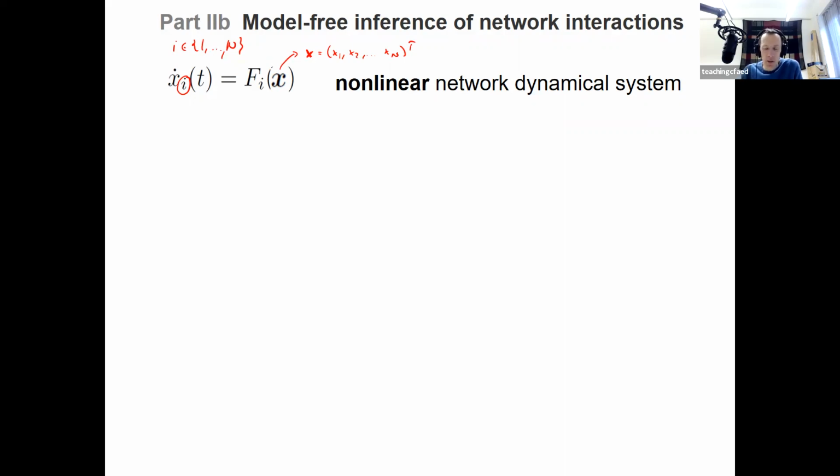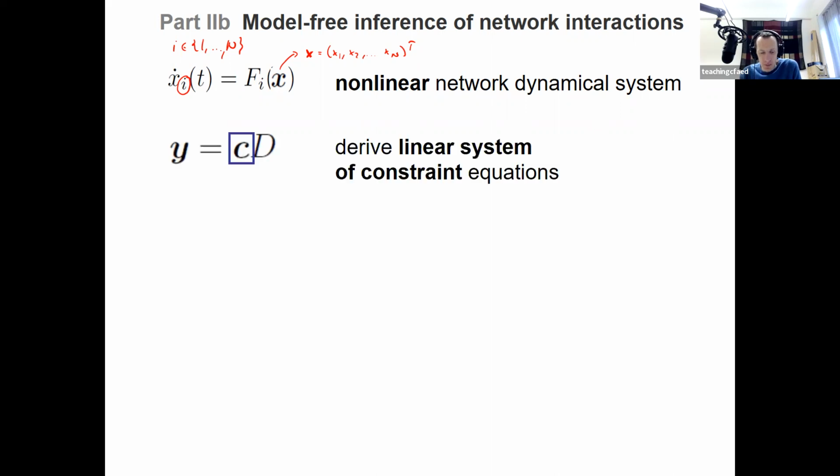So again, our setting is that we record now not a few, but all time series of all the xi's, and we want to infer properties of f. And the question is, what are the appropriate properties to reflect the coupling topology of the system? Then we'll learn how, for nonlinear systems, to derive a set of linear systems of constraint equations given the data, given the things we can observe from the system.